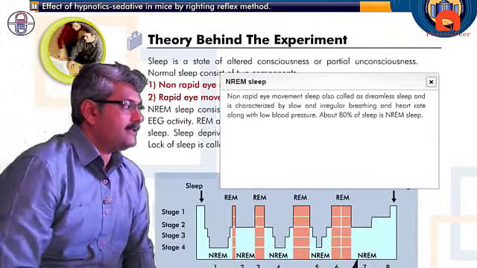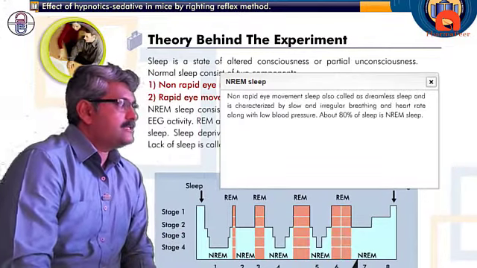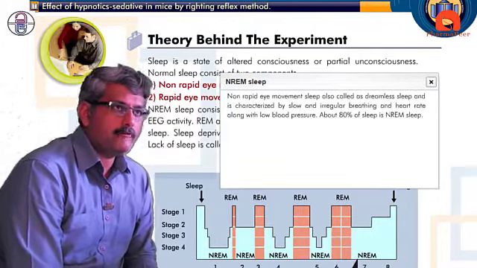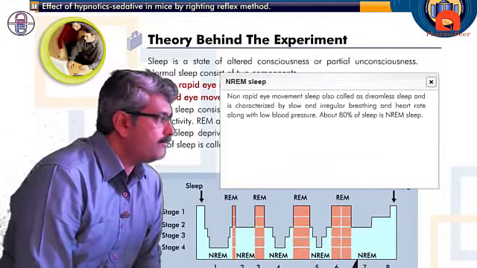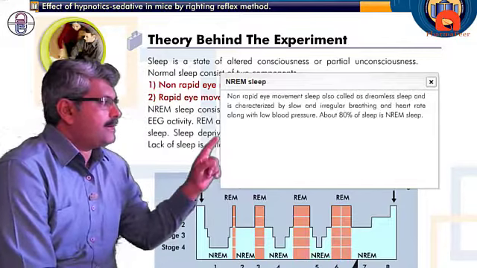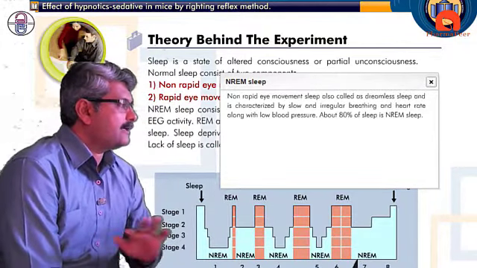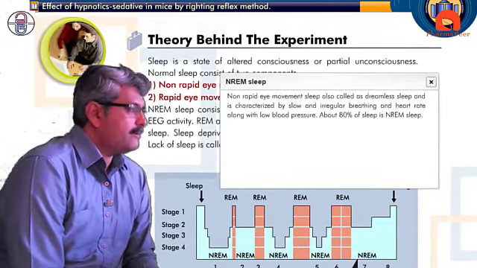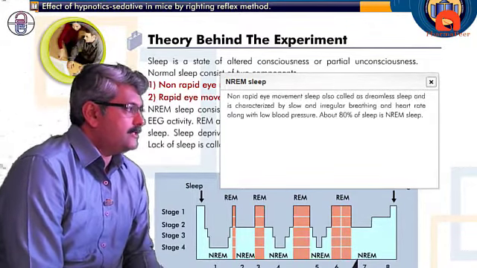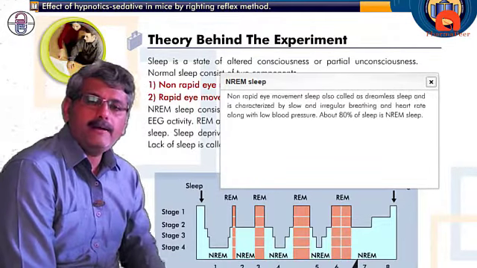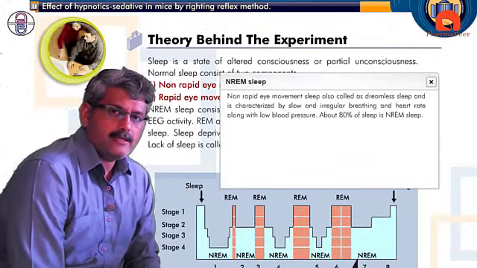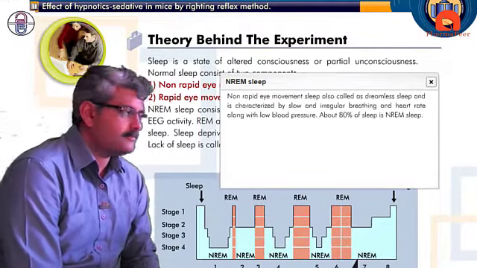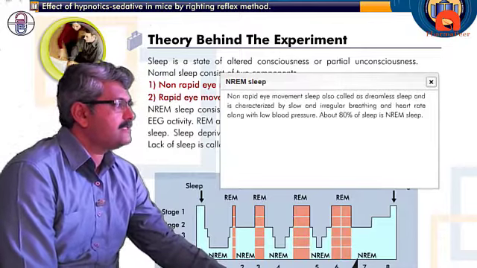With this, a few things are known: eye movement is not involved, but other parameters like dreamless sleep characterized by slow and irregular breathing could happen. Usually all these things are analyzed by parameters like encephalography or other instruments, because of which we could understand all this.